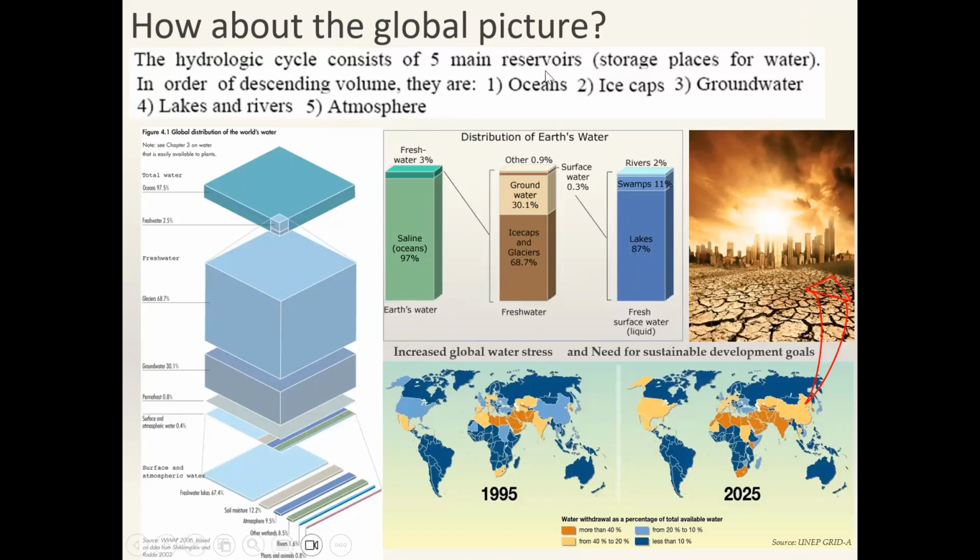They are the oceans, ice caps, groundwater, then the lakes and rivers, which are the surface water bodies, and the atmosphere. The atmosphere governs the rainfall pattern, right? Atmosphere moisture amount. But when it comes to groundwater, probably you undermine it because you don't see it, right?